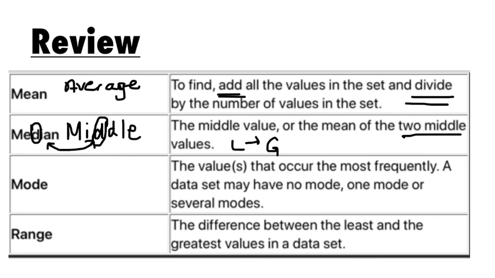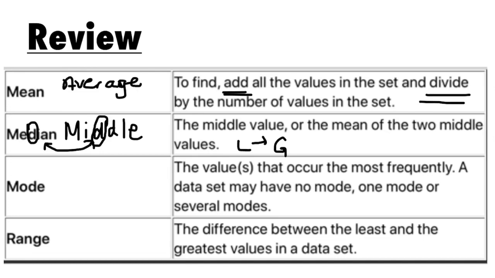If you have 9 numbers or 7 numbers, you will have one middle value and you won't have to do this second step. But this extra step is the step that my kids often forget. Remember, when you have two middle numbers, you find the mean of those two middle numbers by adding and dividing them by 2.